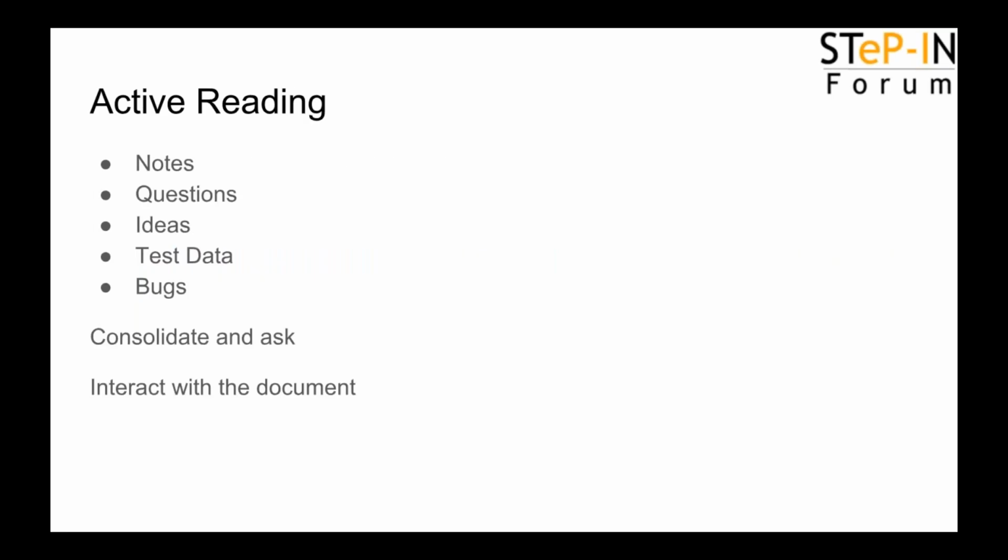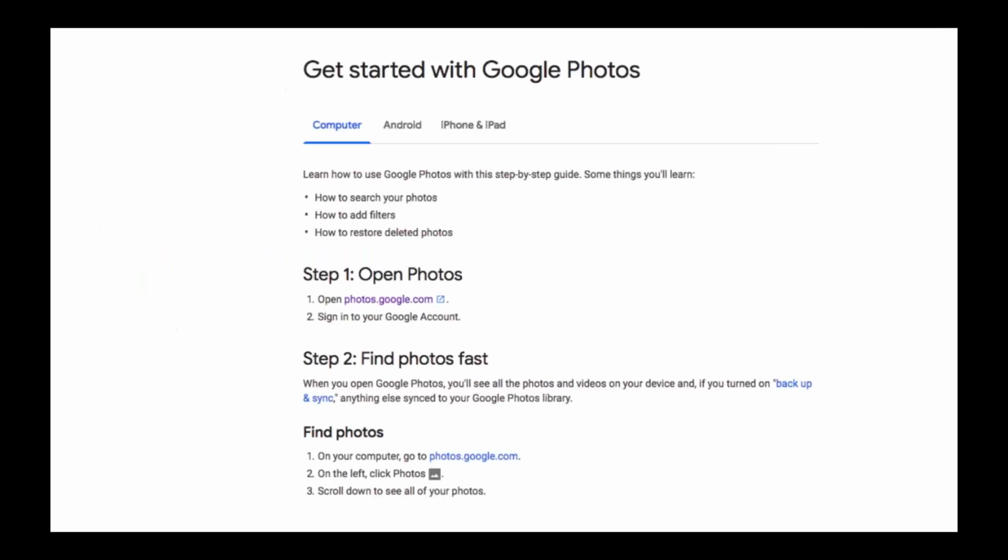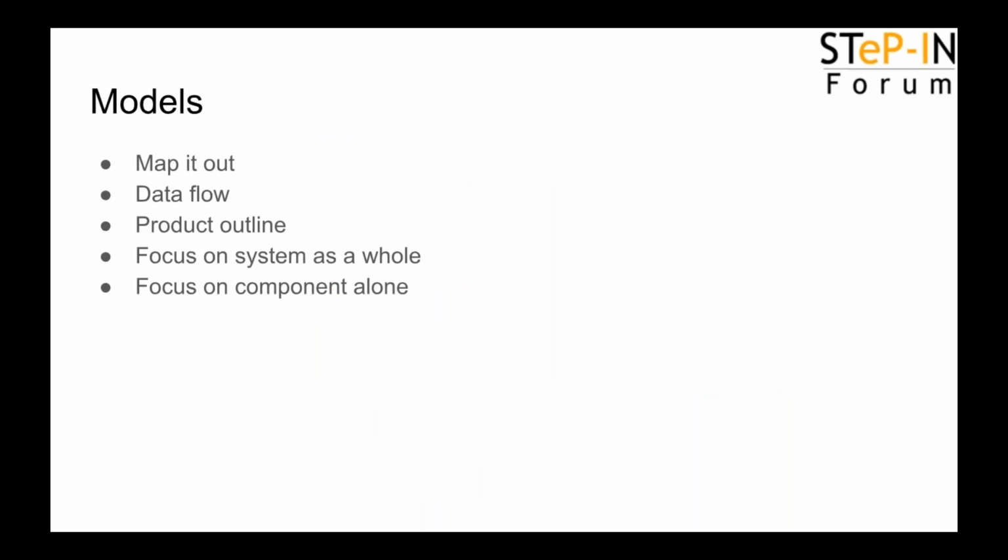What is meant by active reading? How do we apply it to a requirement document? Then an example of a requirement document and how I analyze it, a few minutes on that. Then we'll go over the different models one can make out of a requirement document, the advantages and disadvantages of each, which is better in which context.